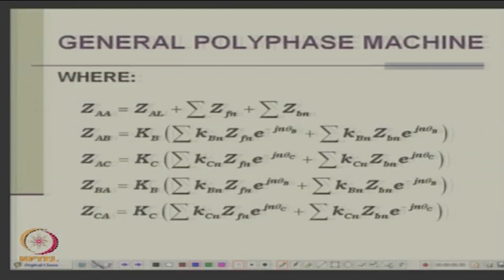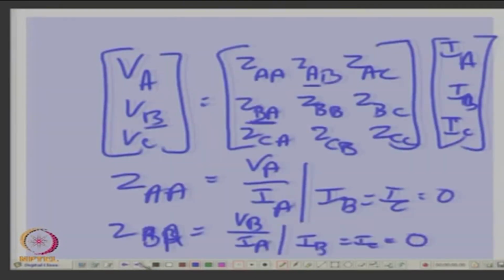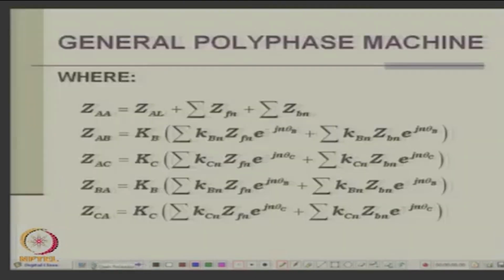Right. Now, ZAA will have, we have already seen ZAL and ZFN and ZBN, right.